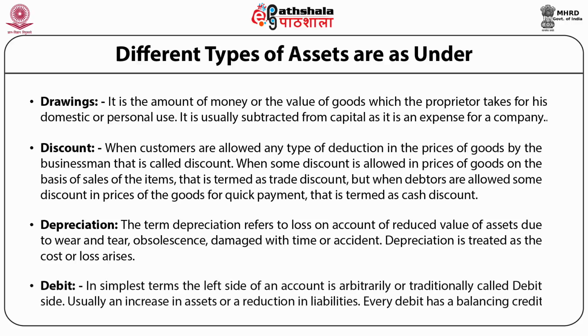Debit. In simplest terms, the left side of an account is arbitrarily or traditionally called debit side. Usually, an increase in assets or a reduction in liabilities. Every debit has a balancing credit.